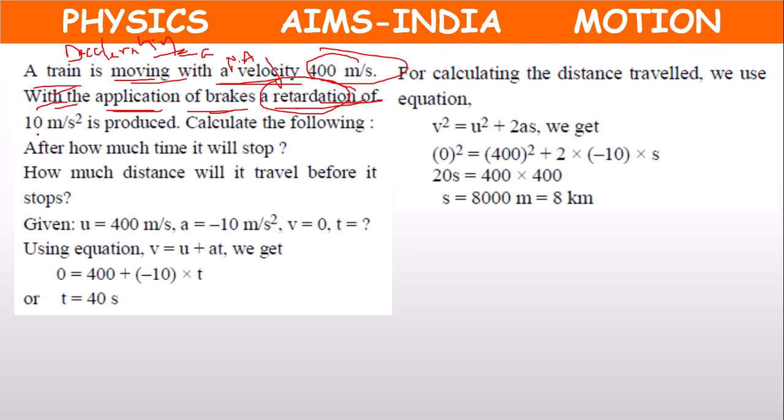So retardation of 10 meter per second square is produced because of application of brakes. Velocity decreased and retardation created.